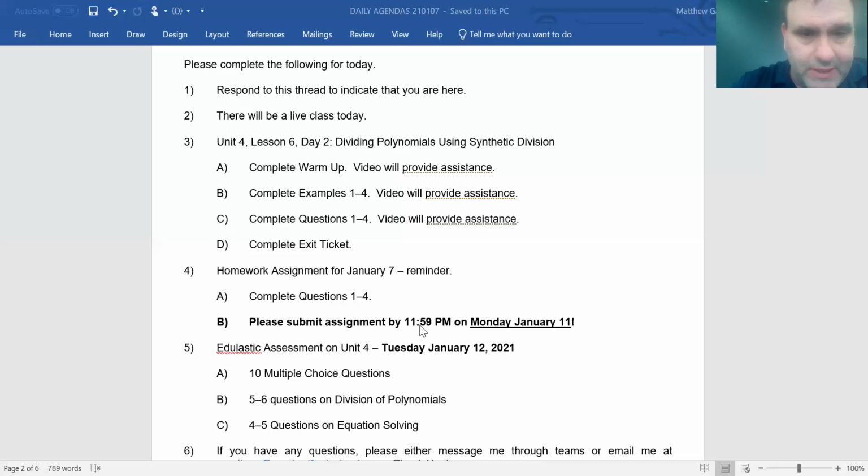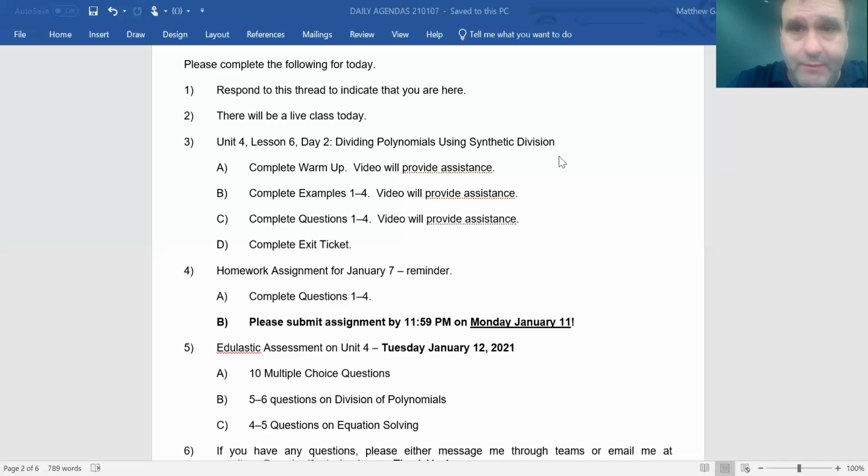The assessment, of course, is 10 multiple choice questions. Either 5 or 6, a little bit more than half of it, is going to be on division of polynomials. And then the rest of it will be on equation solving, rational equations, factoring out the greatest common factor, stuff we did earlier in the unit.